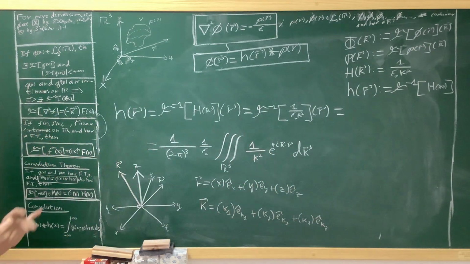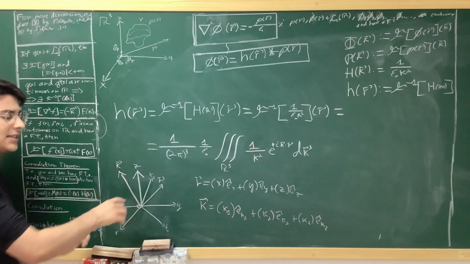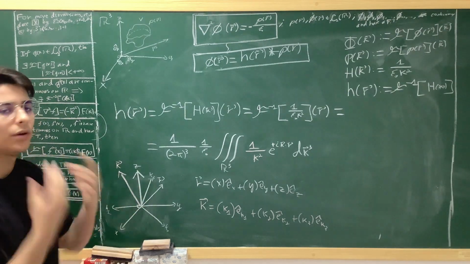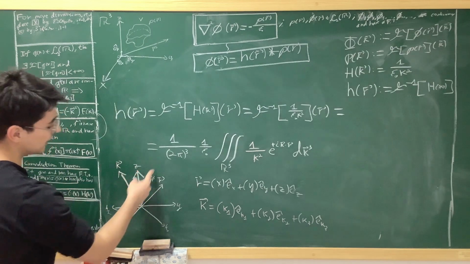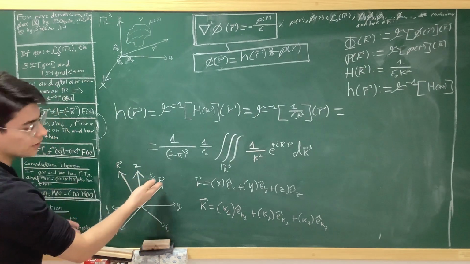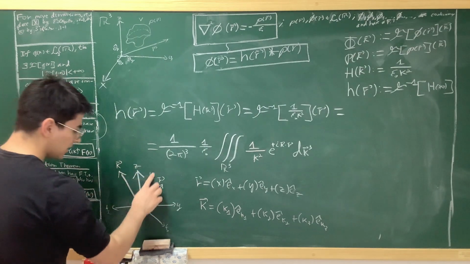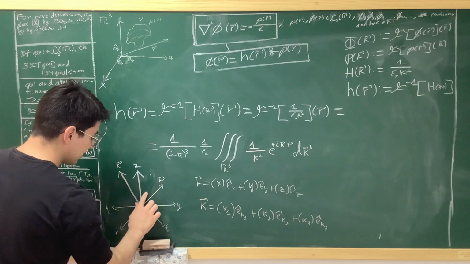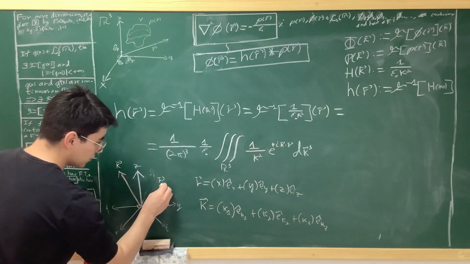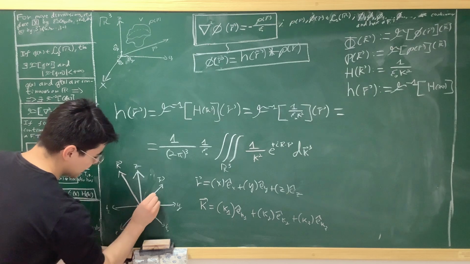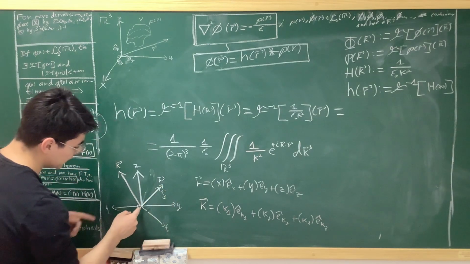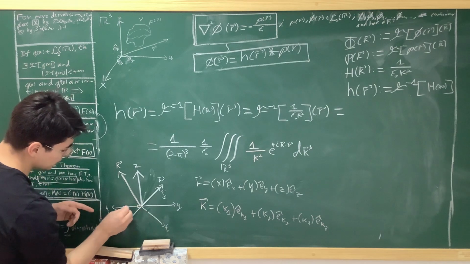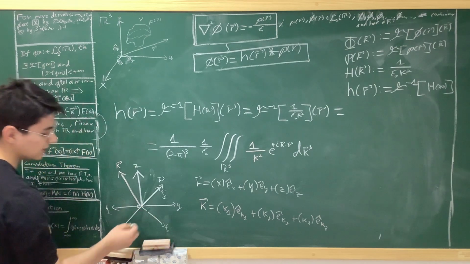But of course, how can we choose this set of axes such that everything is really easy? We can choose this set of axes such that k3 is aligned with r. That is, we can instead choose this set of axes in which k3 goes in this direction, k1 goes in this direction, and k2 in this direction.